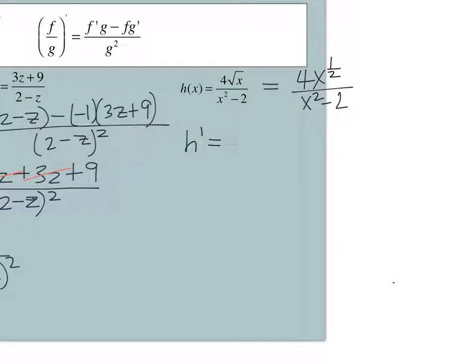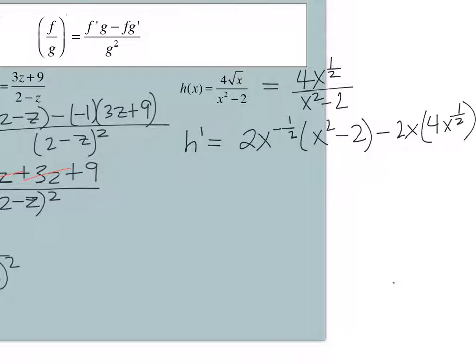I drop the half down, so it's 4 times a half. What's 4 times a half? 2. So I have 2x to the power of what? Negative 1/2. Then I have the bottom, which is x squared minus 2. Then minus the derivative of the bottom, which is 2x, times the top, which is 4x to the 1/2.